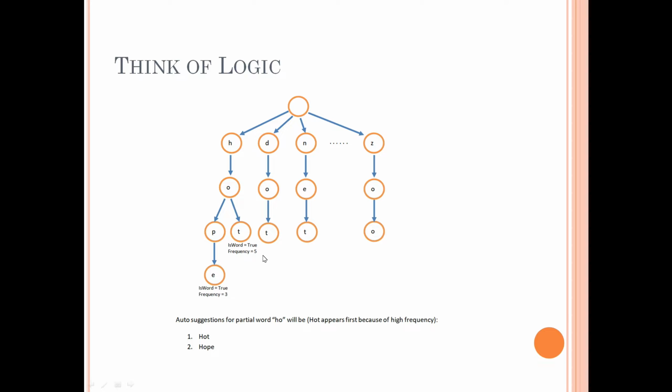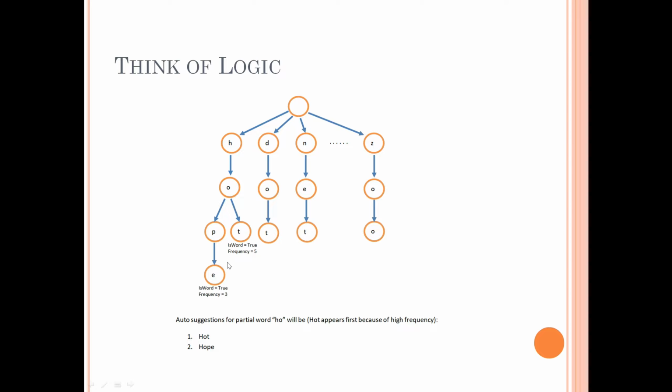Okay, and the boolean value I was talking about in my previous slide, right? So is word, that is the boolean flag we are having, and we are setting it true in this node and this node, because here I can see HOPE, it is a valid word, it is completed here, but HOP is not a valid word, so that's why here the boolean value will be false. But here, since it is a leaf node and we can see it is a valid word, that's why the is word value is true.